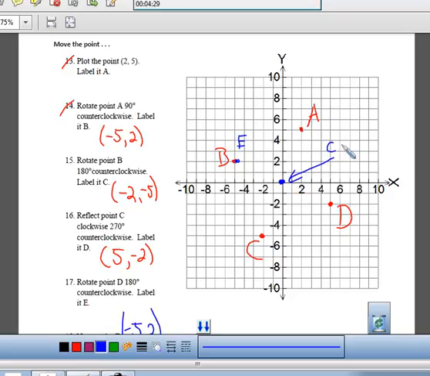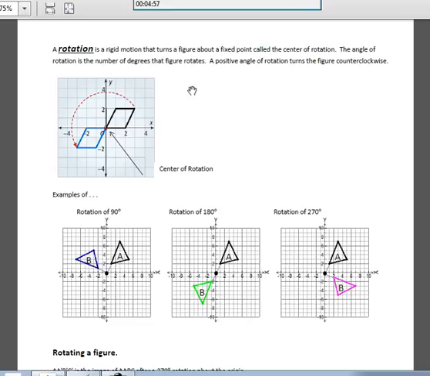That's what we'll be focusing on, the origin as the center of rotation for most of our rotations or turns. However, it is possible to have a different center of rotation somewhere else, and you'll learn about that when you get to the geometry course in a couple of years. Okay, so back to what we were talking about.